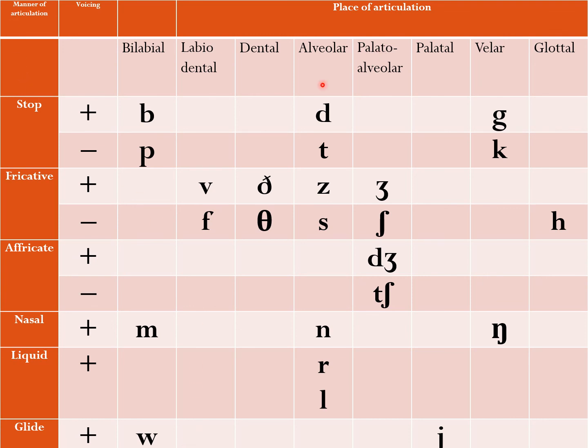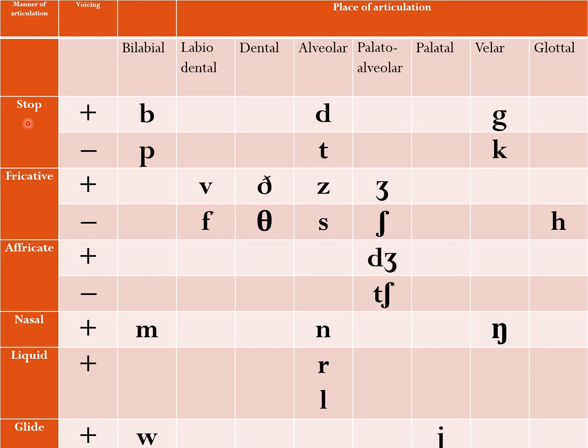This chart summarizes the three criteria of describing consonant sounds. So here you can see we have the places of articulation, here we have the manners of articulation, and here we have voicing, right? So if you want to describe any speech sound, you start with the voicing quality, then the place of articulation, next the manner of articulation. And you say, for example, B is voiced, bilabial, stop.